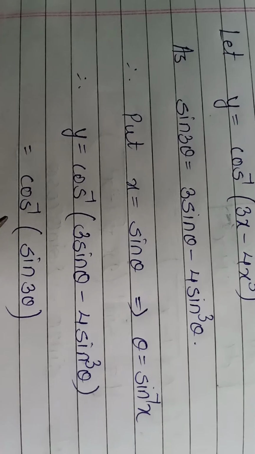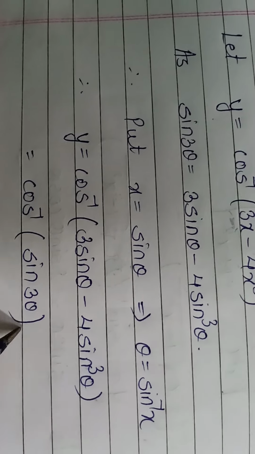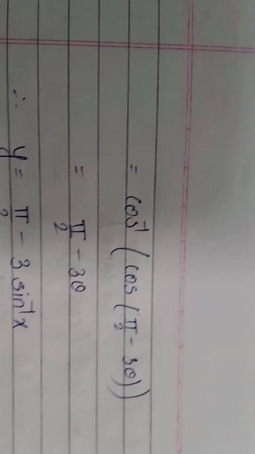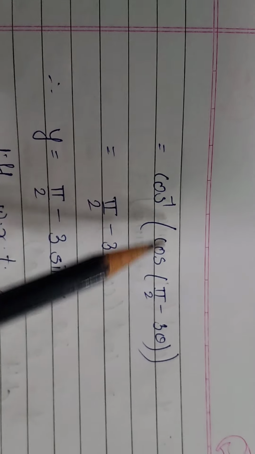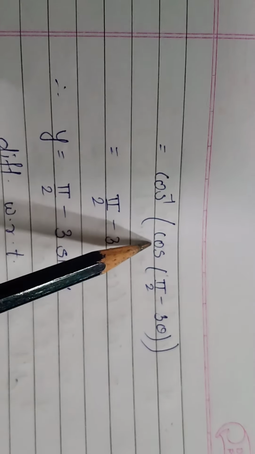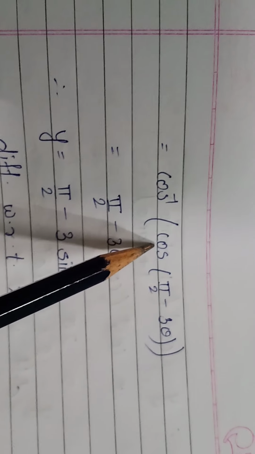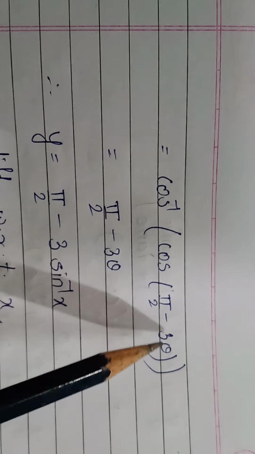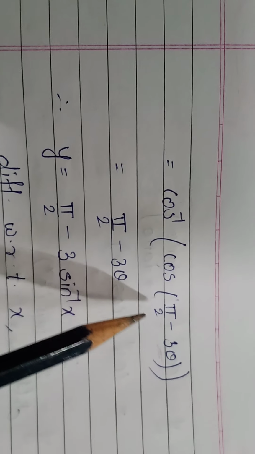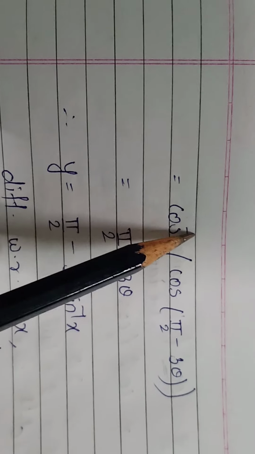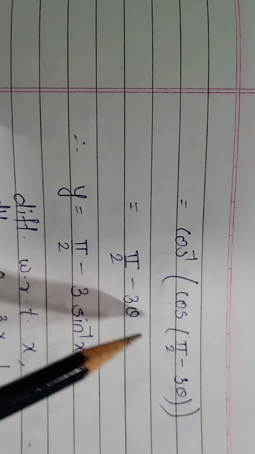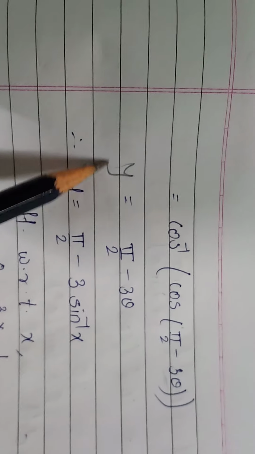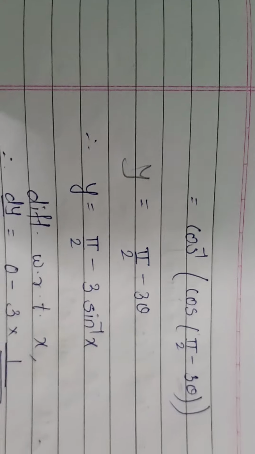So the next step will be cos inverse of sin 3 theta. Now, of course, since it is cos inverse outside, we want cos inside. So we can convert sine into cos, right? So we'll convert that and write cos of pi by 2 minus 3 theta. Now we can cancel them, and y will be pi by 2 minus 3 theta.